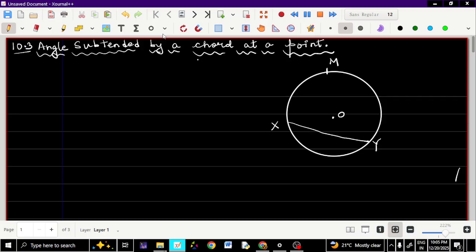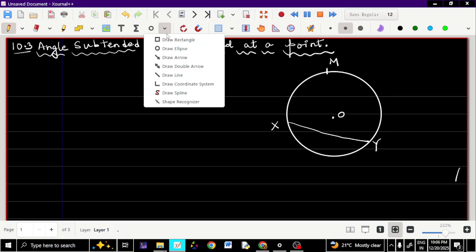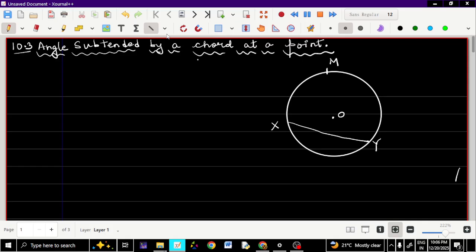Now, what do you mean by angle subtended by this chord XY at the point M? So, what I will do is I will join the endpoints of the chord XY to the point M this way, and I will join the point Y also to this point M this way.